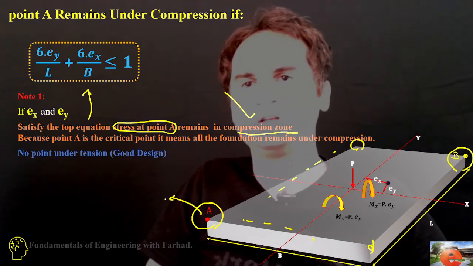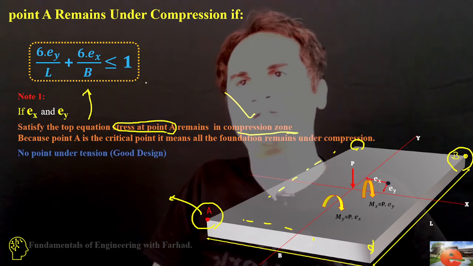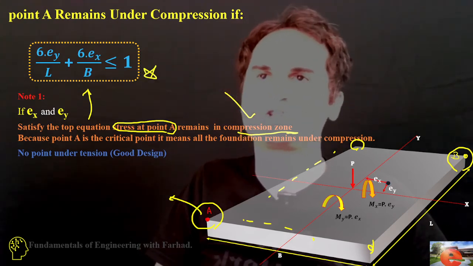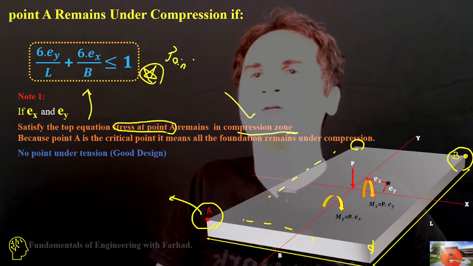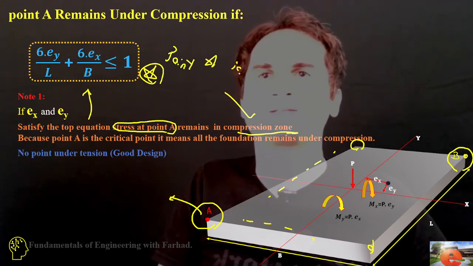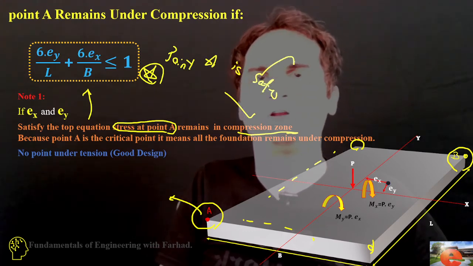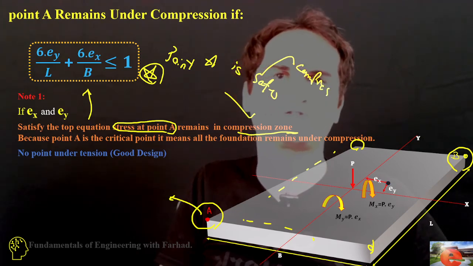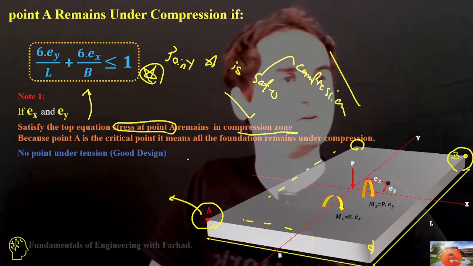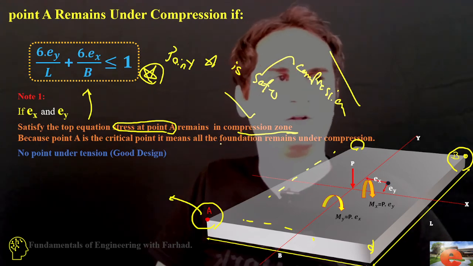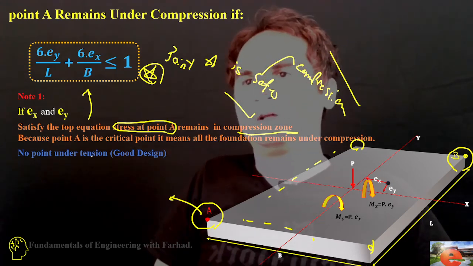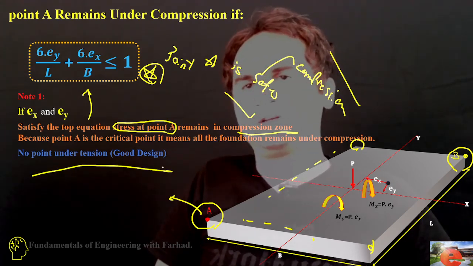So if this one is under compression, if we satisfy the equation, point A is safe. By safe, I mean under compression, because soil is strong in compression. All the other points are also under compression, so it means no point is under tension.